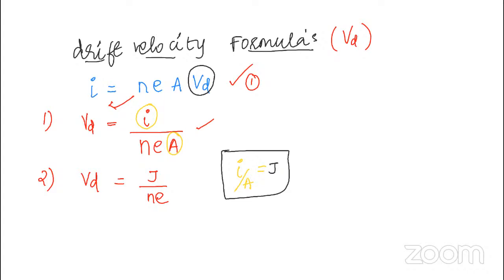Next, the third form. Vd is equal to, here we know the value of J. What is the value of J related with conductivity? How will you write the conductivity expression? J is equal to what?